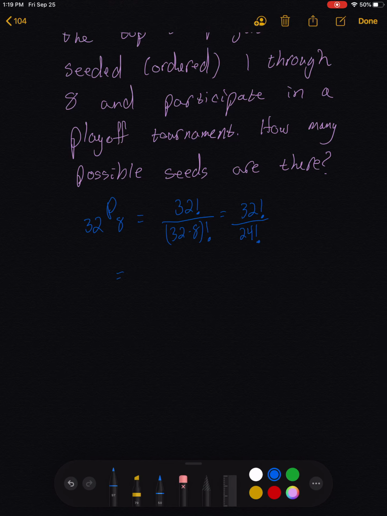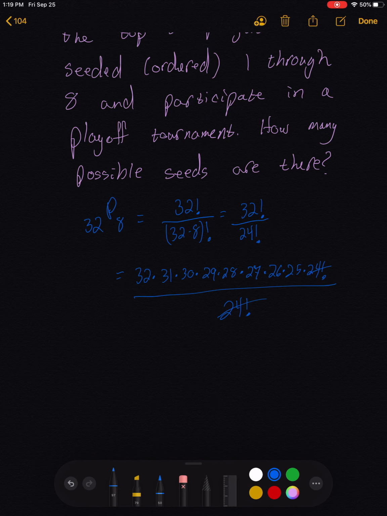So when we go to simplify this, we want to break the 32 factorial down until we reach 24 factorial so that we can cancel those factors. So 32 times 31 times 30 times 29 times 28 times 27 times 26 times 25 times 24 factorial over 24 factorial.